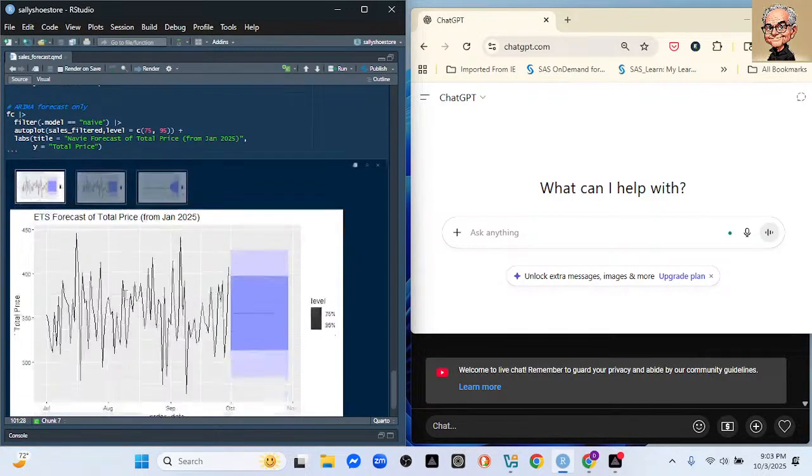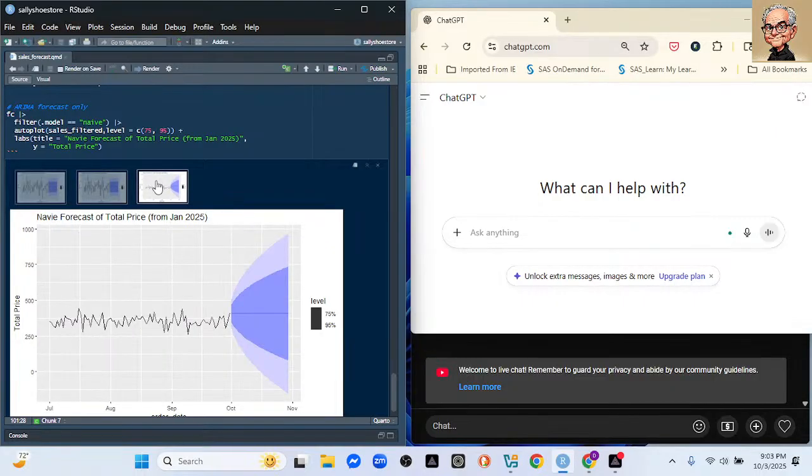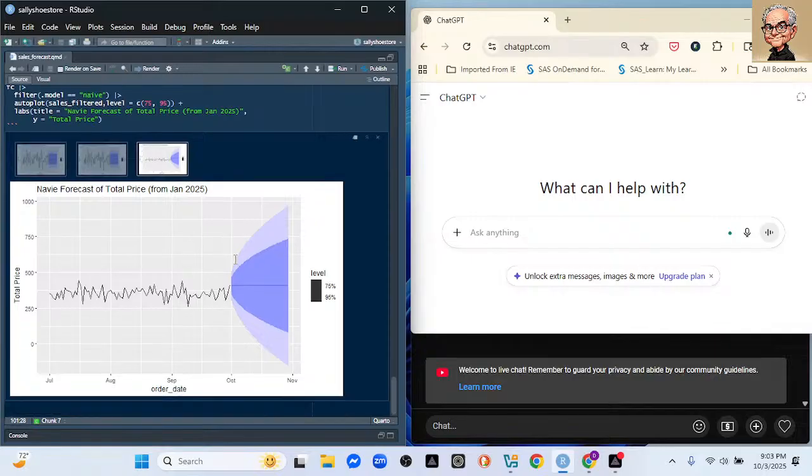ETS is saying a straight line. ARIMA's saying a straight line. And interestingly enough, the naive model is the only one that's given us the curved shape here. So the trouble is we still have too much noise, in my opinion.